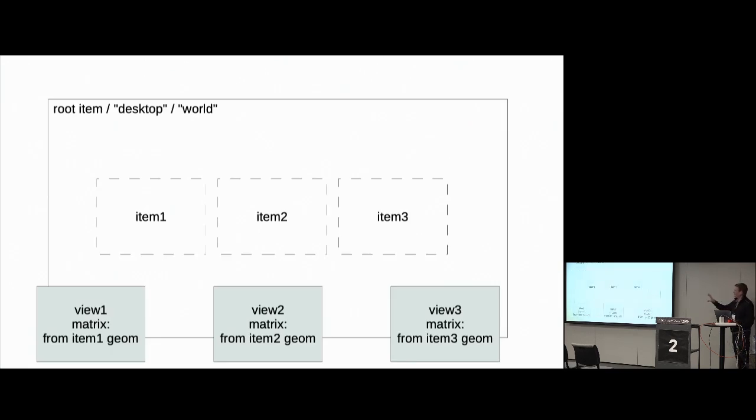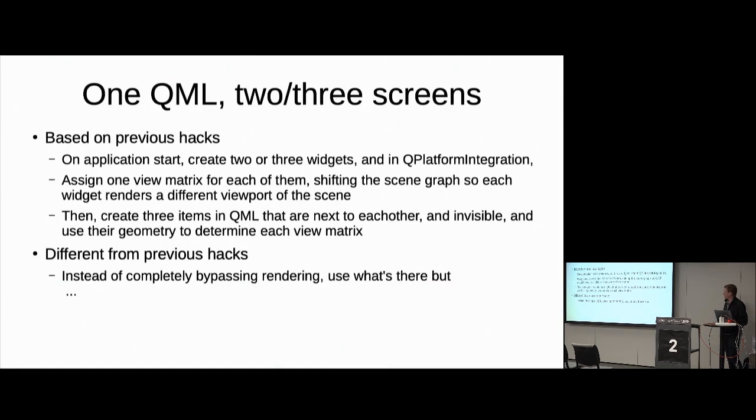We declared them in QML, placed them next to each other, as in coordinate-wise, x, y, and z, and width and height. And then we used the geometry of each of these 3 items to build a matrix, a view transform, which we then applied to each of these 3 views that we'd made. And now we're leading up to being able to render the scene 3 times.